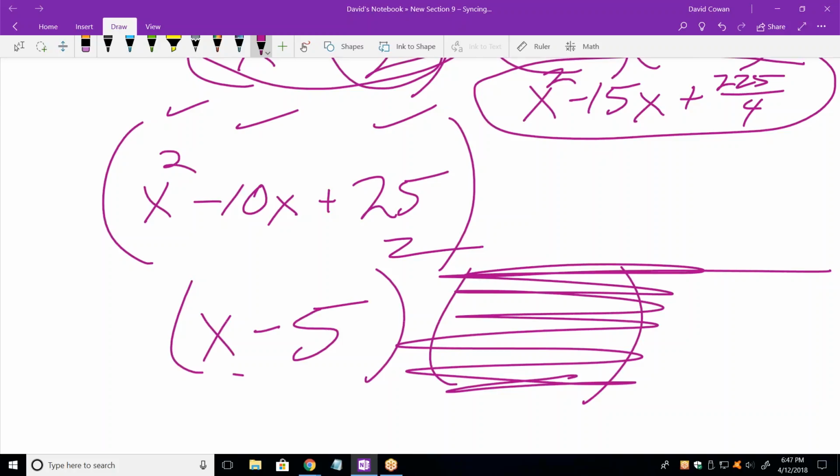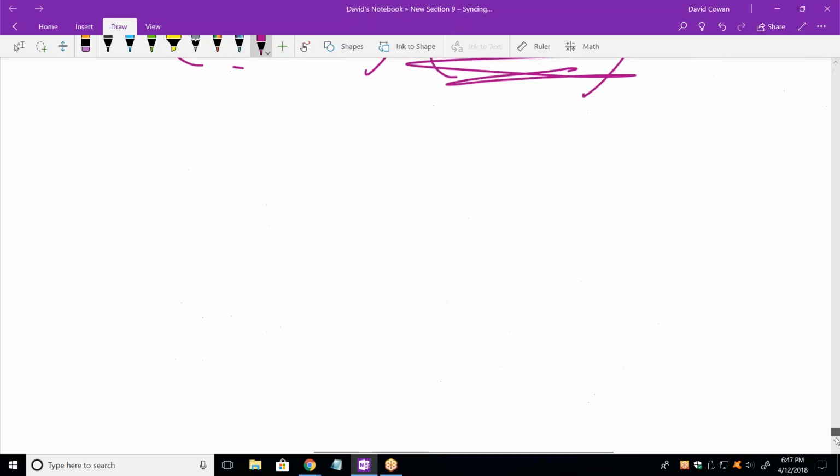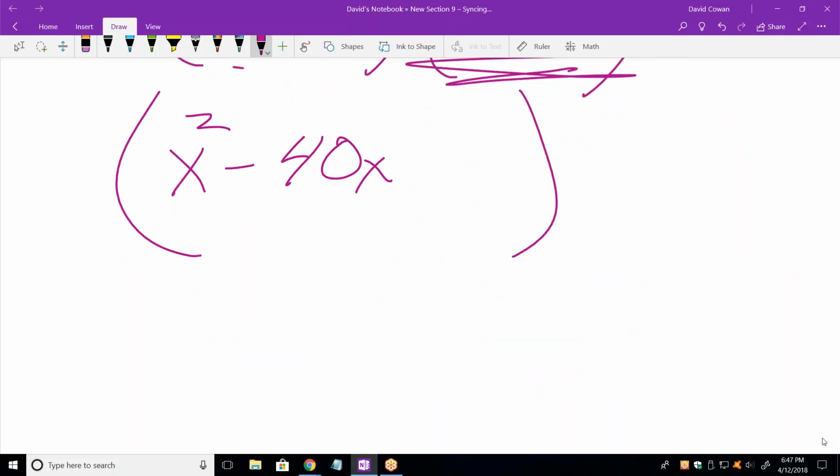Okay, good. Let's do one more just to make sure you understand that principle. Do one more like this. x squared minus 40x. So you split that in half and square it, so whatever 20 squared is, that's 400.